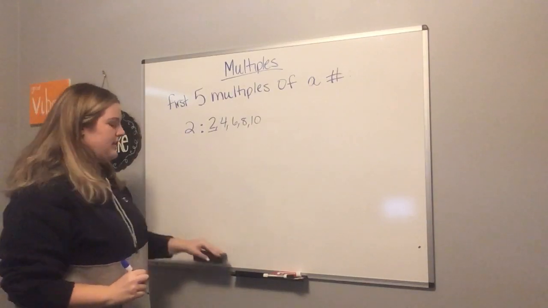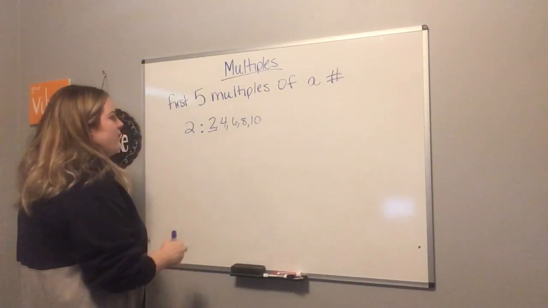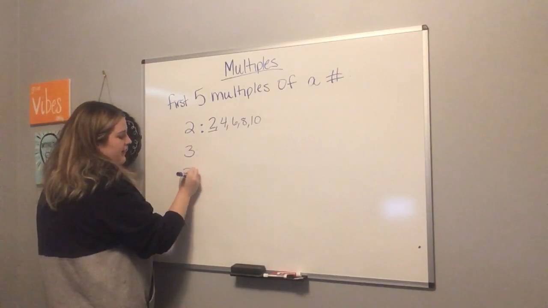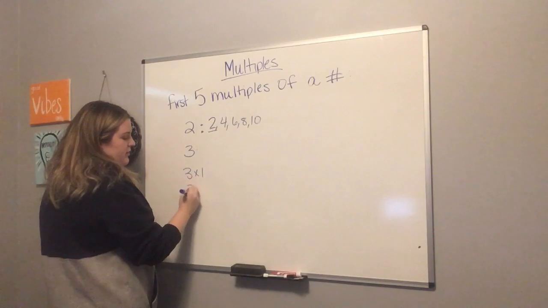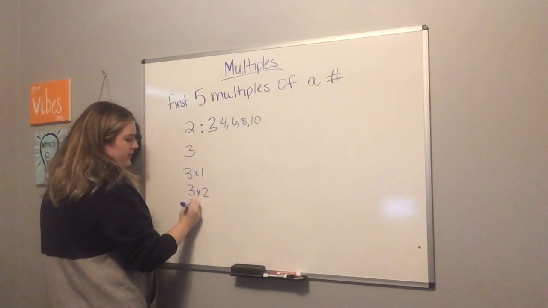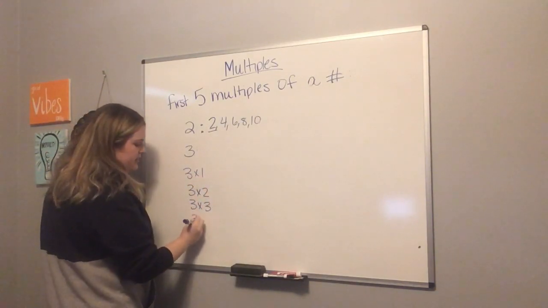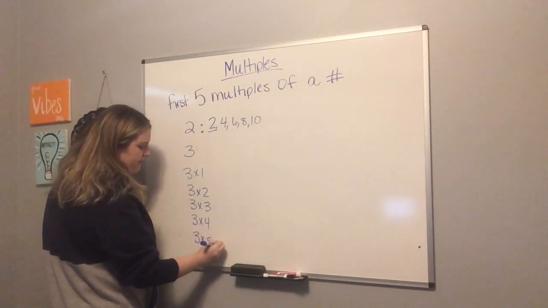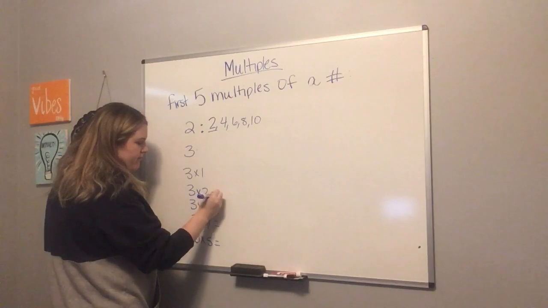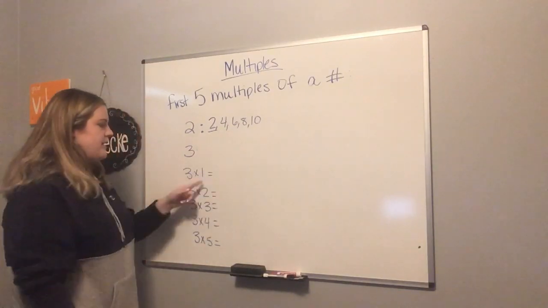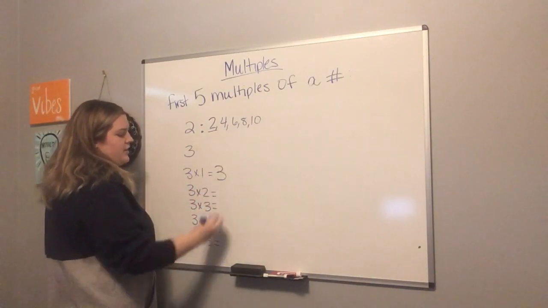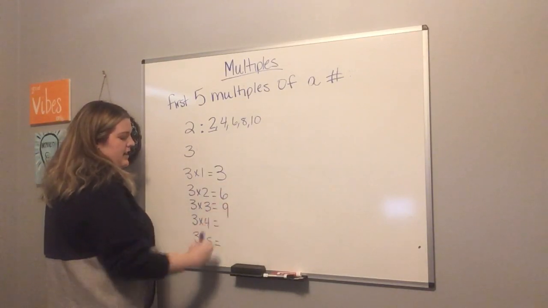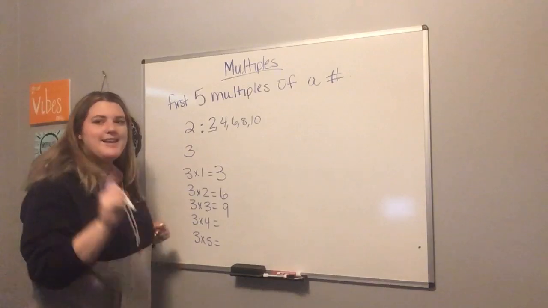So now if I want the first 5 multiples of the number 3, I'm going to have 3 times 1, 3 times 2, 3 times 3, 3 times 4, 3 times 5. Okay, 3 times 1 is 3, super easy. 3 times 2, 6. 3 times 3, 9. 3 times 4, here's a hint.